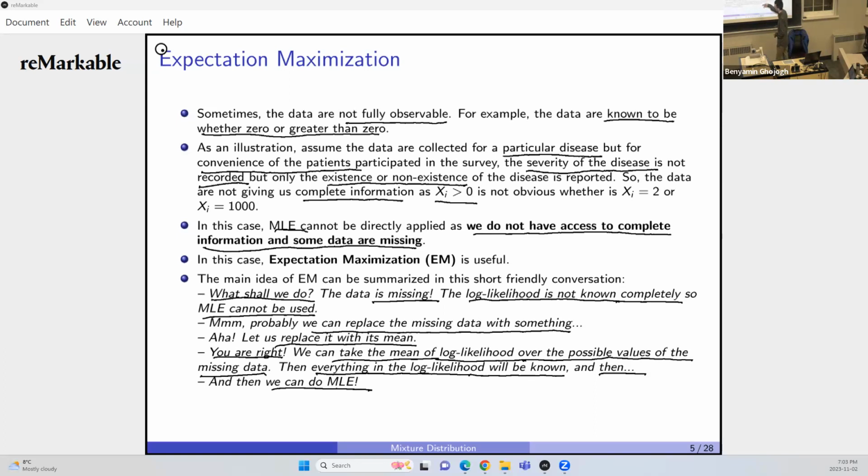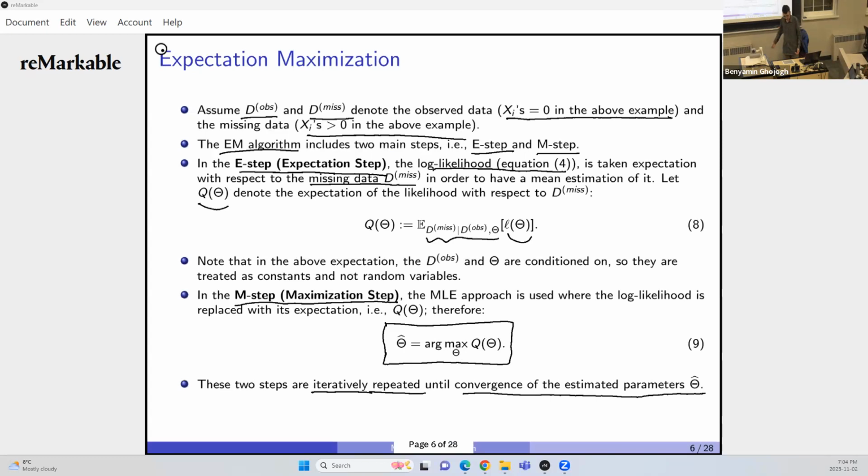And of course, we do it iteratively or alternatively until convergence, right? So this is also related to alternating optimization. For more information, see my optimization course on YouTube. Okay, so this is expectation maximization. It has two steps: E step and M step, expectation step and maximization step.